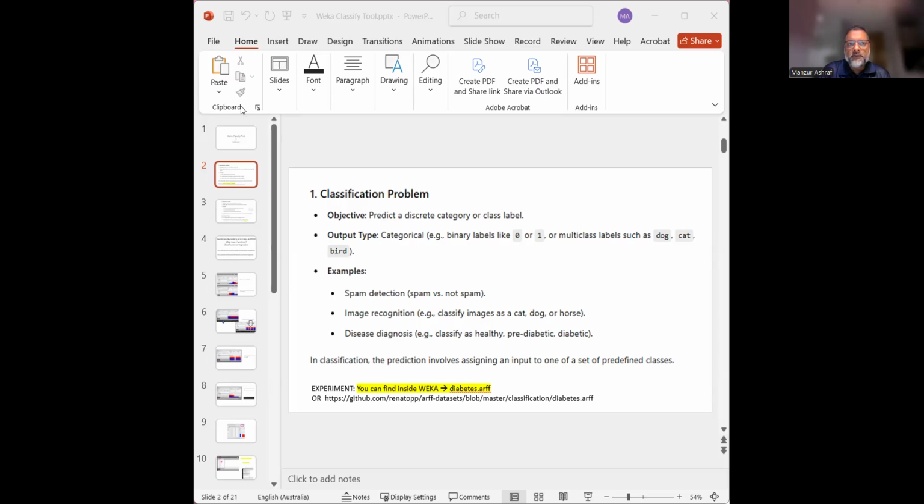For example, I'm just trying to open a file in WEKA. Just opening the Explorer. Okay, so now I'm actually sharing the screen.